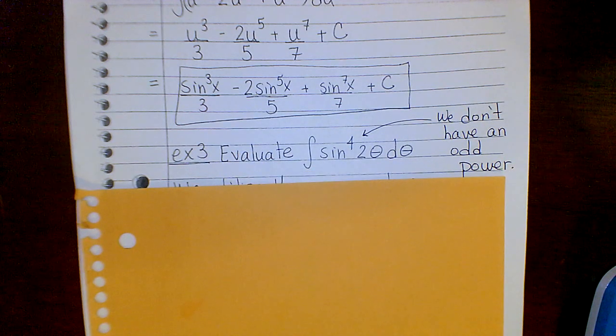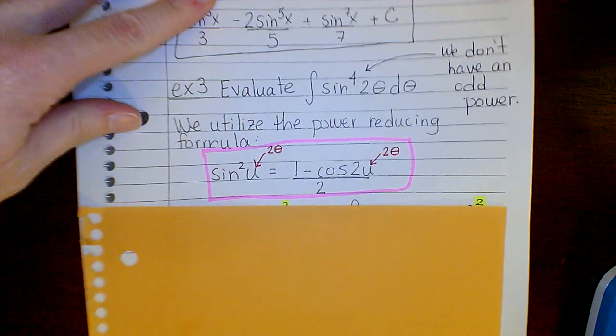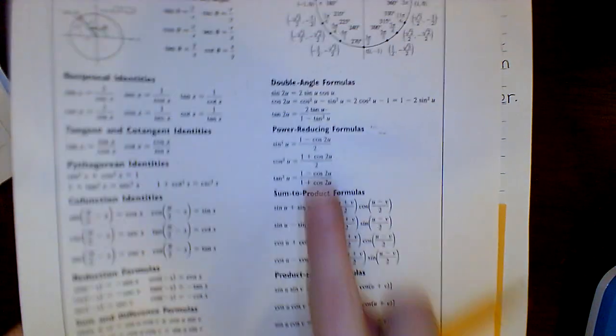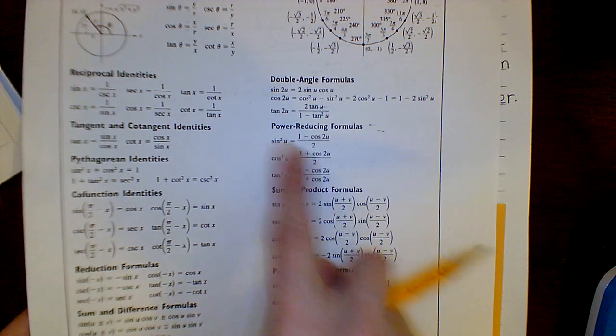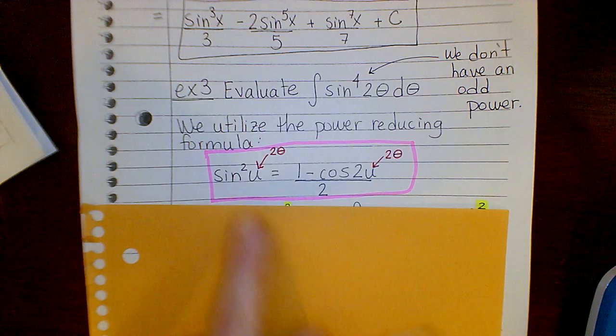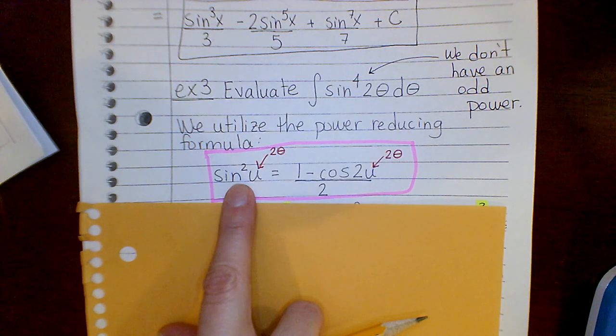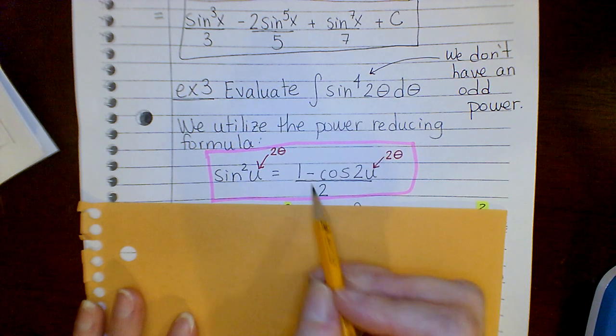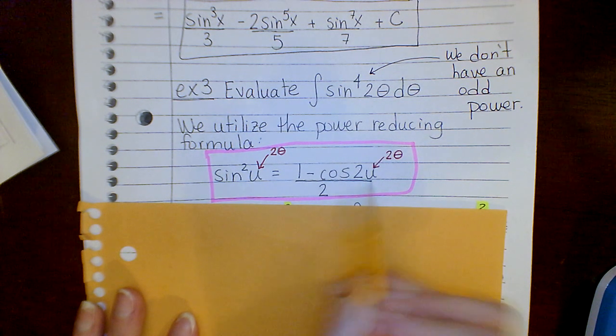Example 3 here, I don't have an odd power. So I'm going to have to utilize the power reducing formula. Now this is on your formula sheet as well, cleverly labeled with power reducing formulas. So I'm utilizing this power reducing formula of sine squared u is 1 minus cosine 2u all over 2.